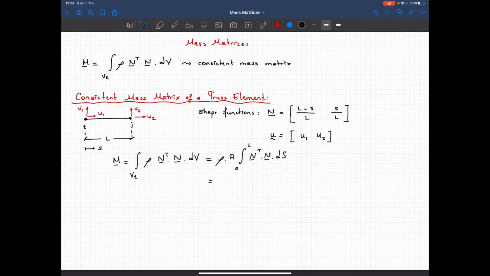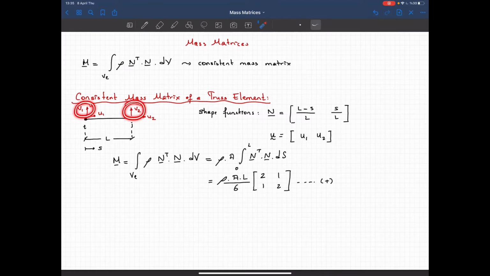And when you evaluate that integral, at the end of the day, we get rho times A times L divided by 6 times the matrix 2, 1, 1, 2. So these are the mass coefficients corresponding to the translations in the 1 and 2 directions.